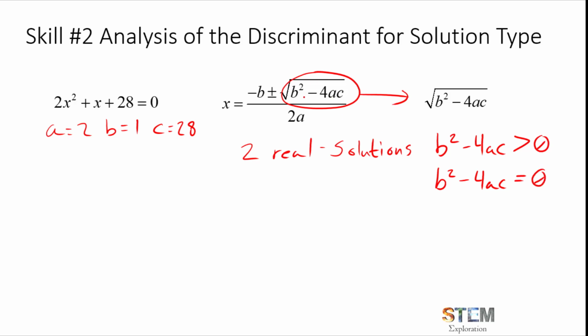Now, if this is equal to 0, the square root part of the quadratic formula is 0, and it'll be negative b over 2a plus or minus 0. So what this means is that when you have a quadratic equation where b squared minus 4ac is equal to 0, the vertex just barely touches the x-axis.